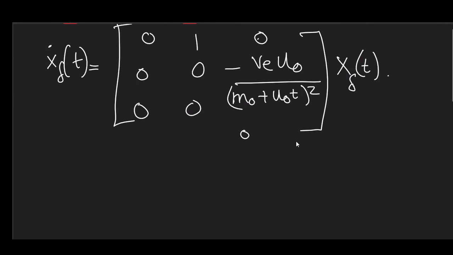The dependency of your system model on state is now perfectly linear.